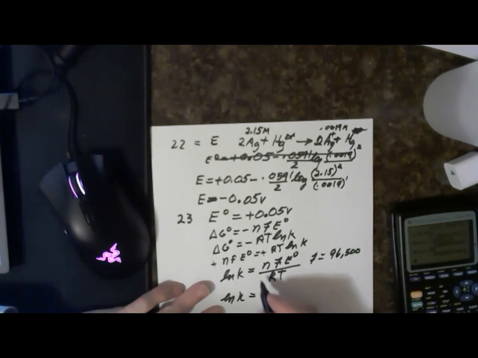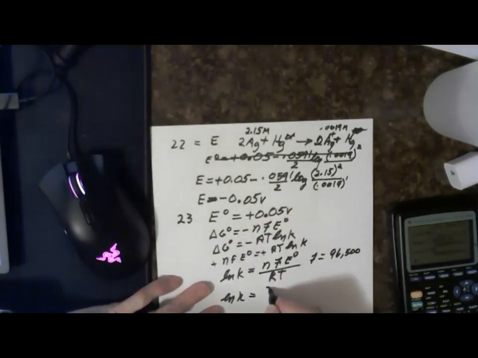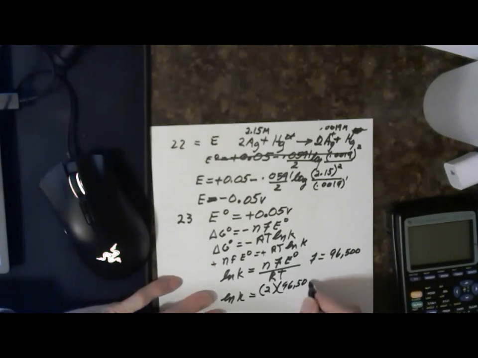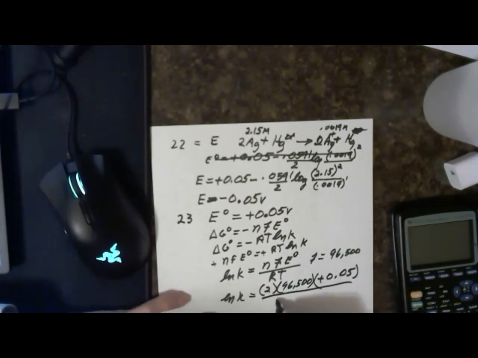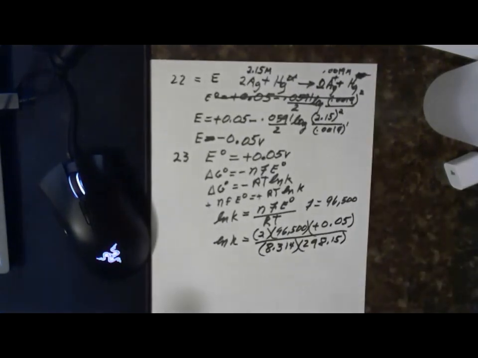So my ln K: the number of electrons transferred in that reaction was 2, 2 gained and 2 lost, times 96,500. The voltage was plus 0.05 divided by R. R has to be the 8.314 value. And the temperature is 298.15. So there's a bunch of numbers that we have to then do the calculation with.